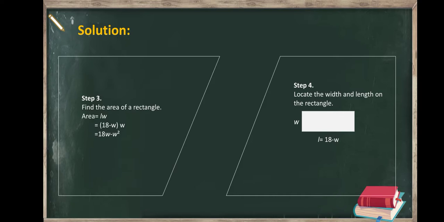The width is the line that is vertical and the length is the horizontal line.